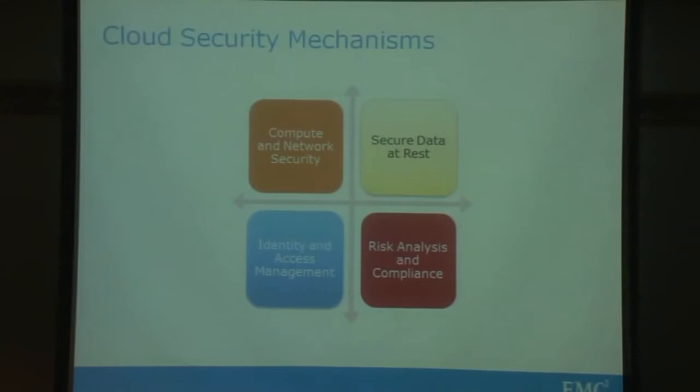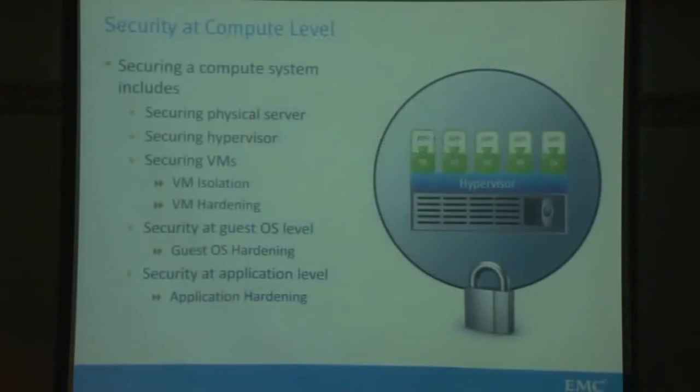Secure data at rest: how is the data stored in a remote location on a server secured? Identity and access management: this will take care of how unauthorized use of data can be avoided. And risk analysis and compliance.